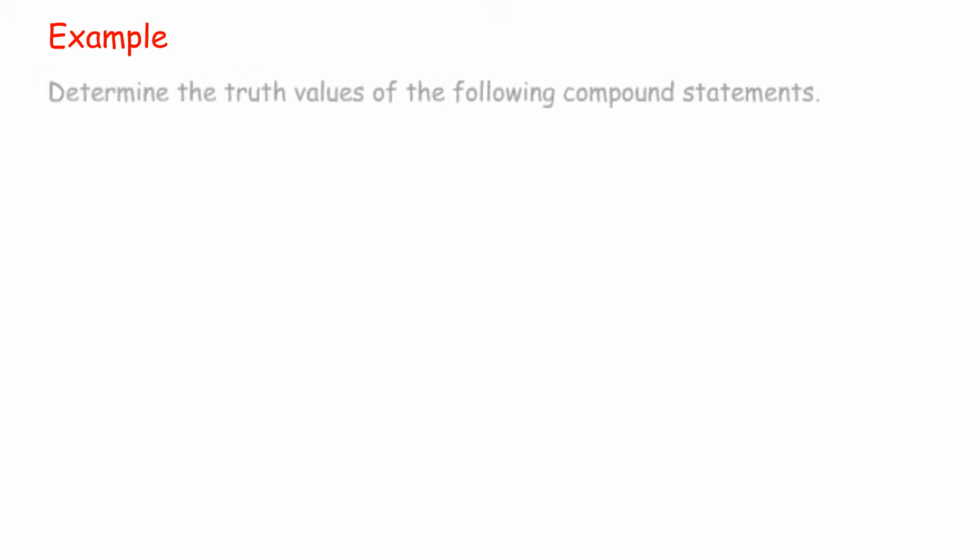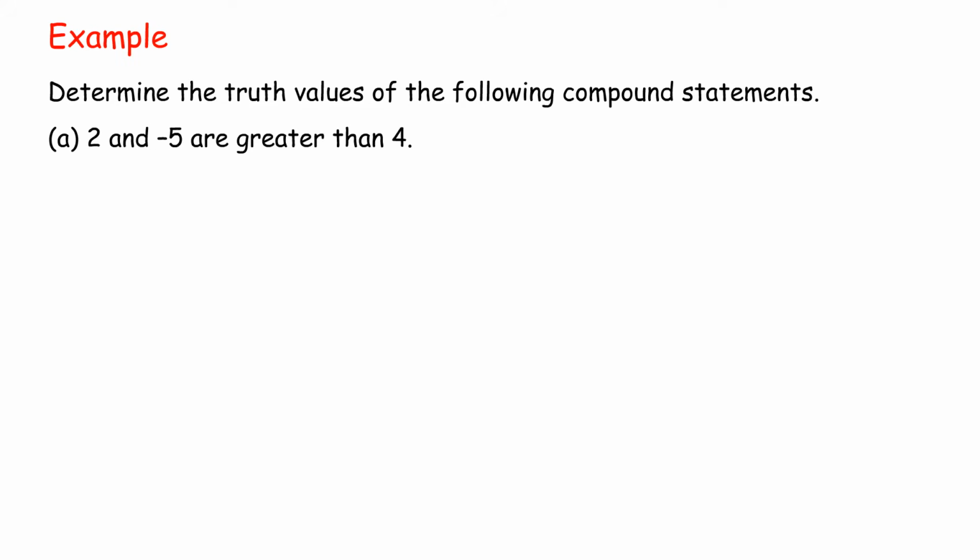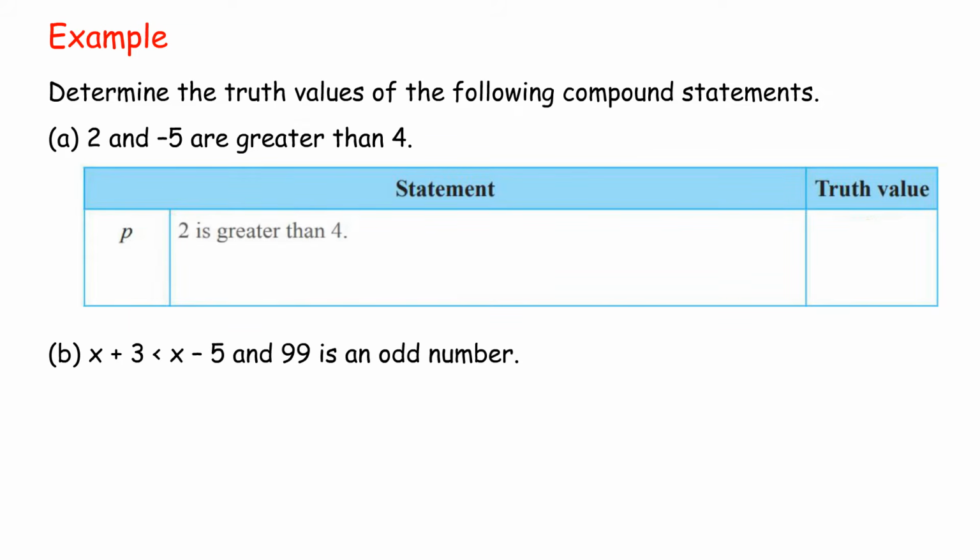Example: determine the truth values of the following compound statements. A. 2 and negative 5 are greater than 4. B. x plus 3 less than x minus 5 and 99 is an odd number. Solution: A. 2 is greater than 4.